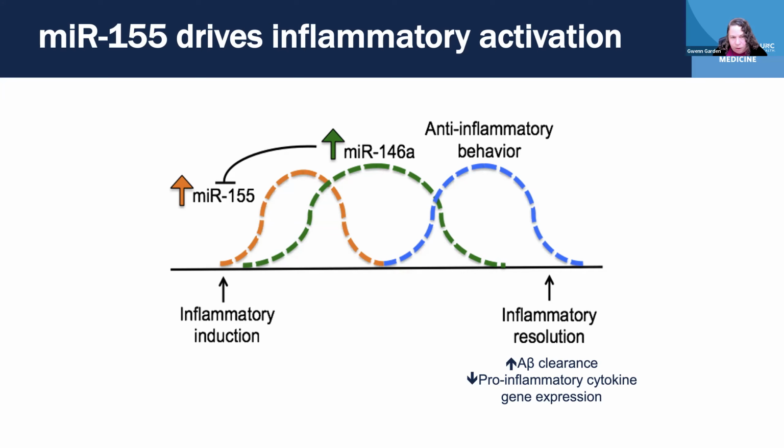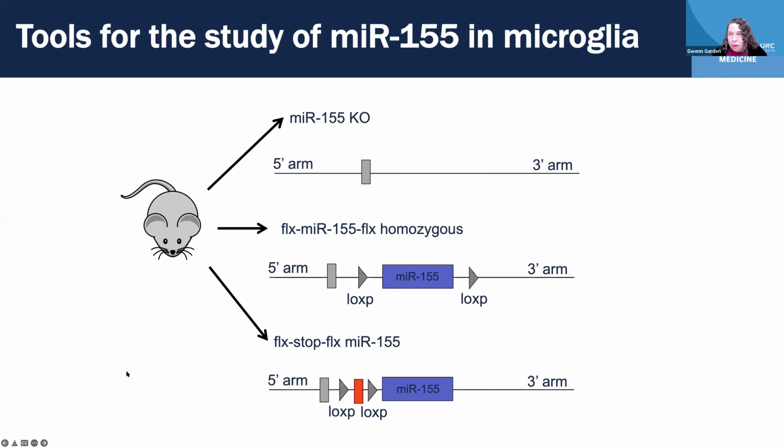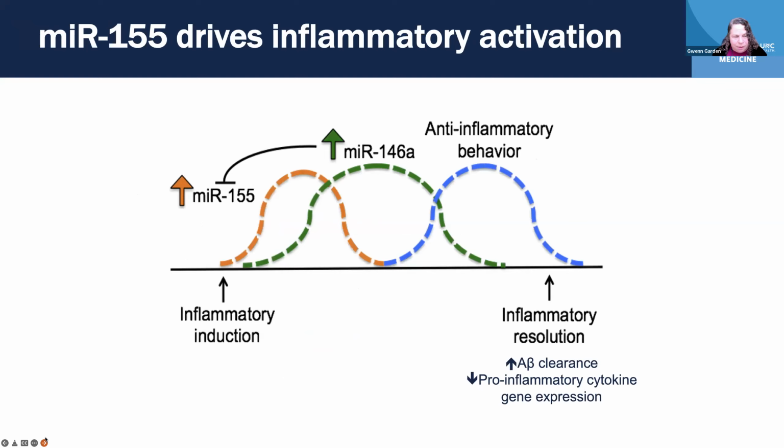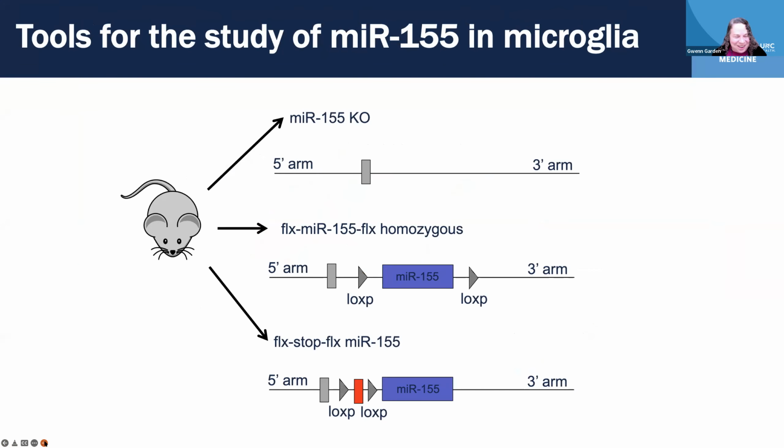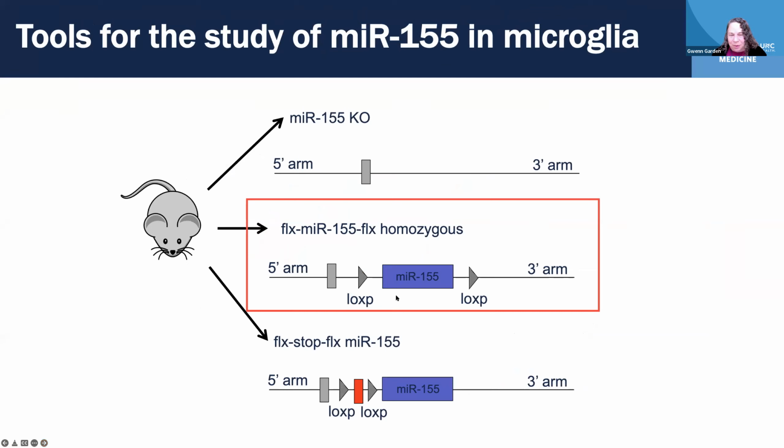So we decided to develop some tools to study miR-155, and this included several lines of mice. What I'm going to talk about today is this particular tool where we put LOXP sites, and LOXP sites enable you to use this enzyme called CRE to remove a piece of the gene.